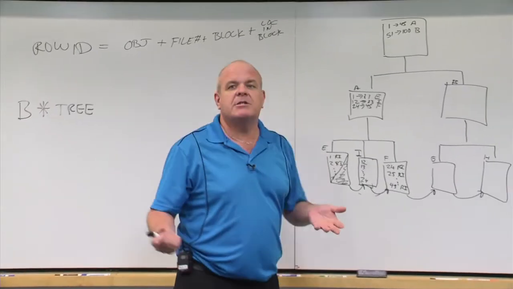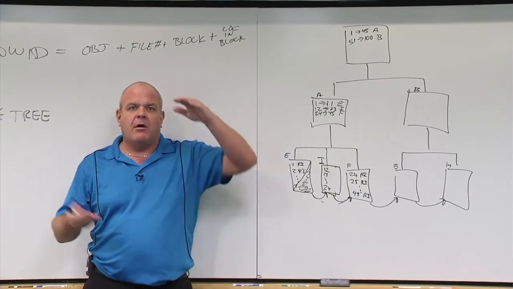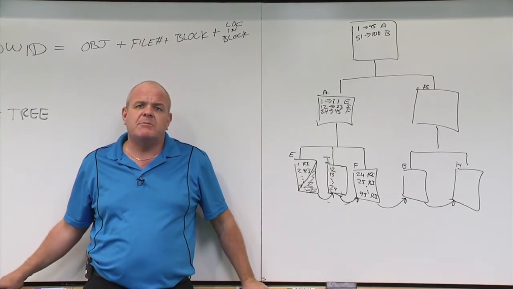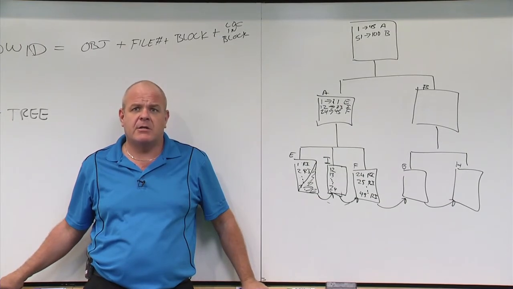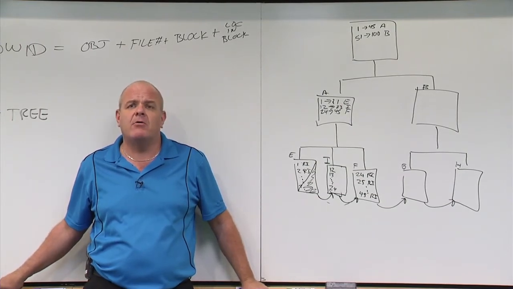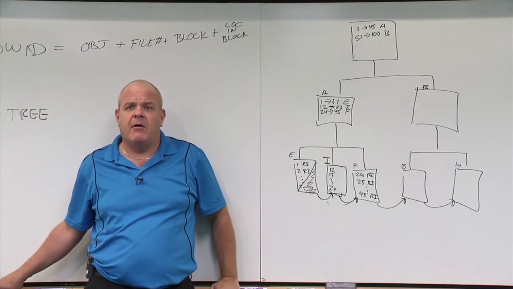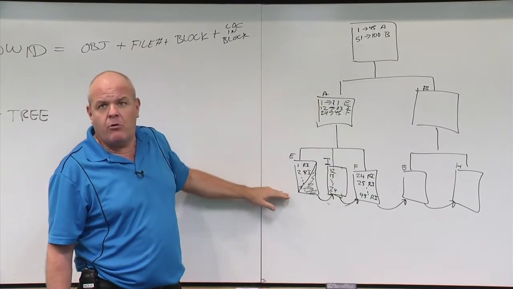Now, a couple of questions that I commonly get is, well, my index is very tall. Should I be worried? Well, there are some generalizations out there and general rules, but think about the height: it is what is going to determine how many IOs it's going to take to get you to the leaf block. So 1 IO, 2 IO, 3 IO.